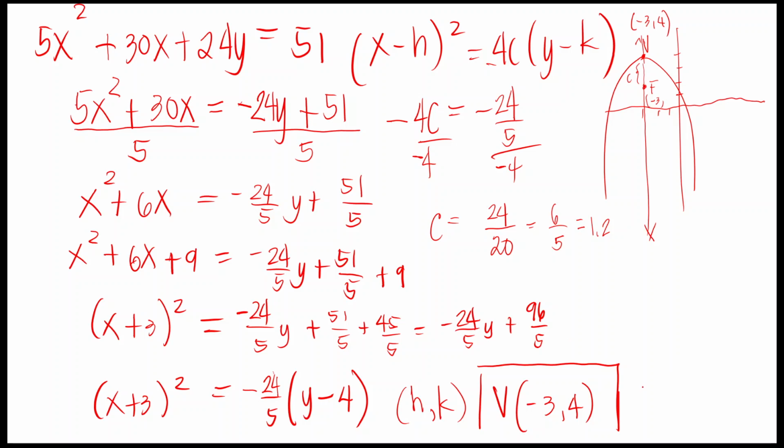Therefore, for the focus, same x value, 4 minus 1.2, or that is the c, which is the distance between the vertex and the focus, we get positive 3.8. So that is the coordinate of the focus. Negative 3, 3.8. So, medyo mas mataas siya ng konti.